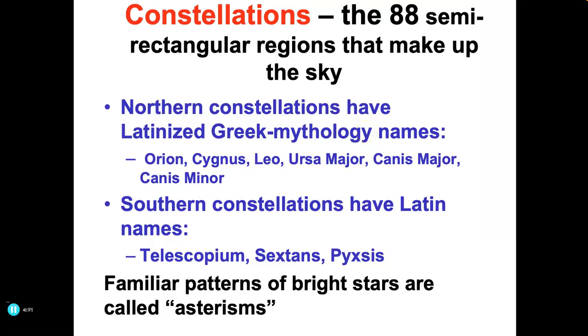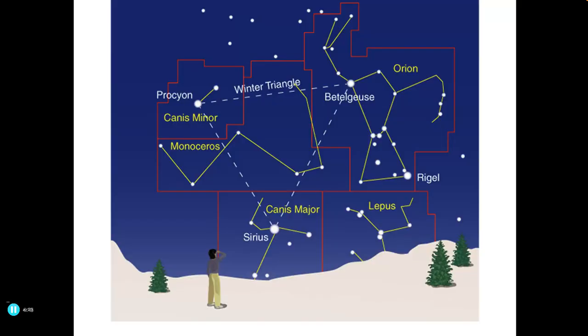So that's why we say a constellation is not just a group of stars. It is that entire demarcated region of the sky. And anything inside this border is, in this case, in Monoceros.